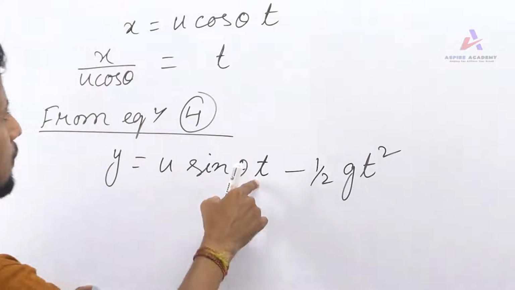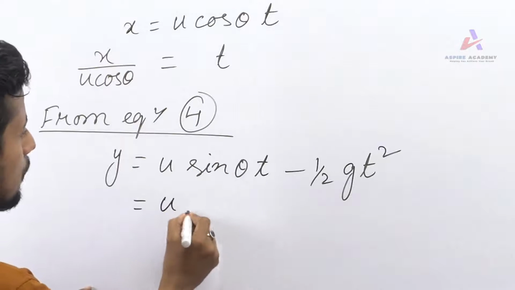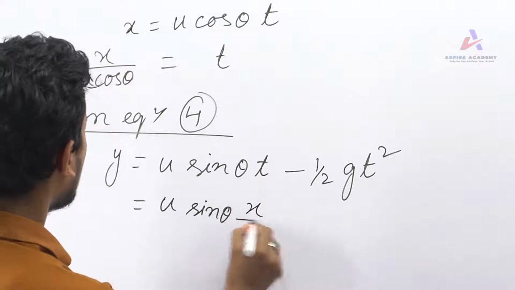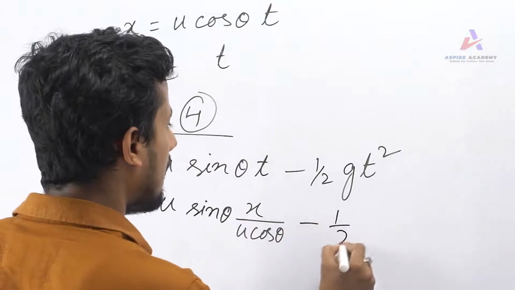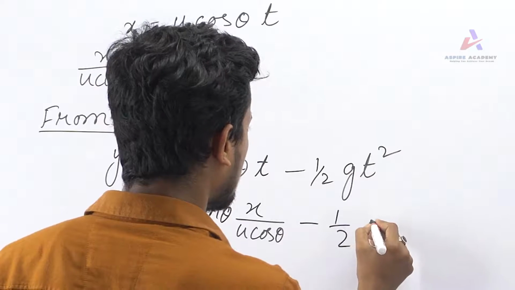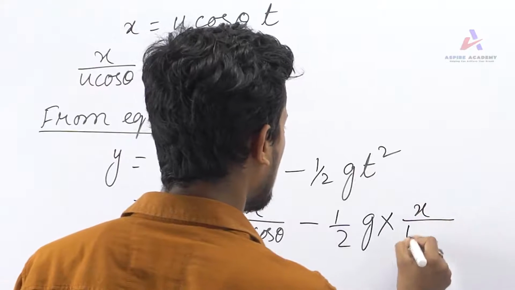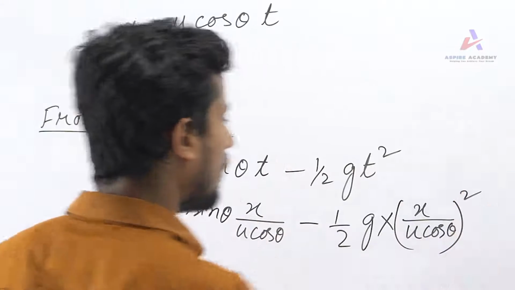So in place of t we put x by u cos theta. So u sin theta times x by u cos theta, minus half g into x by u cos theta, whole square.